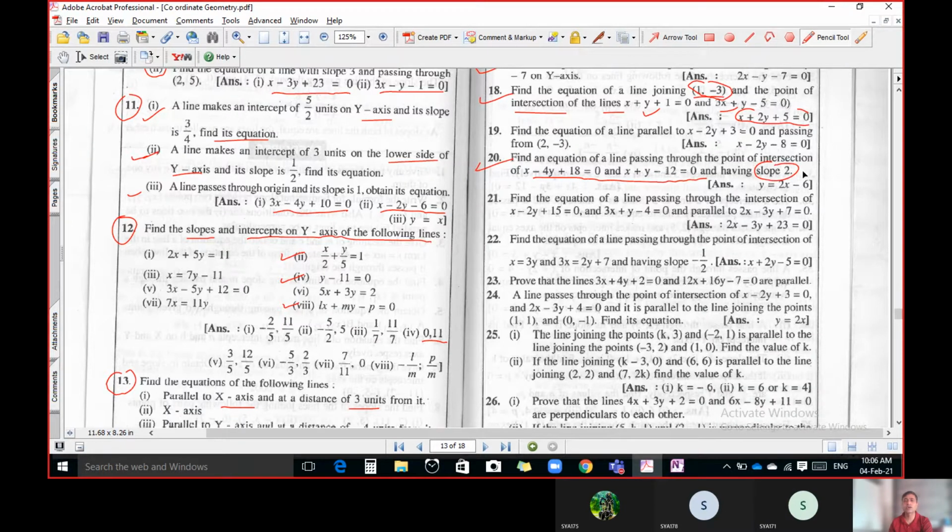That means which value is given? M is given. So which formula do we have to use? Y minus y1 is equal to m into x minus x1. One point is available, x1 y1 you will get from this, and the slope m is already given. Substitute and you will get the answer. Is it clear? Yes, sir.